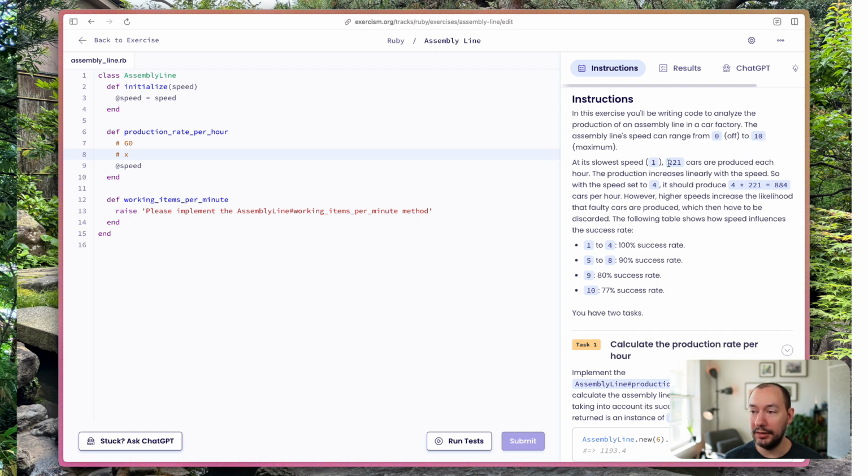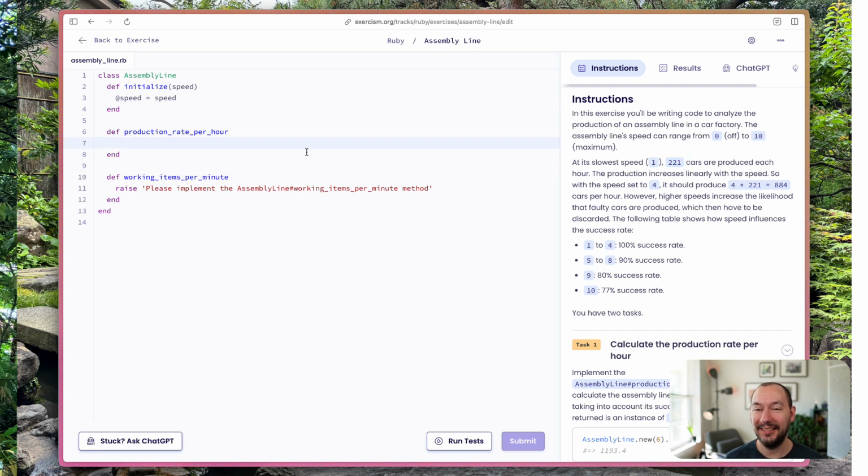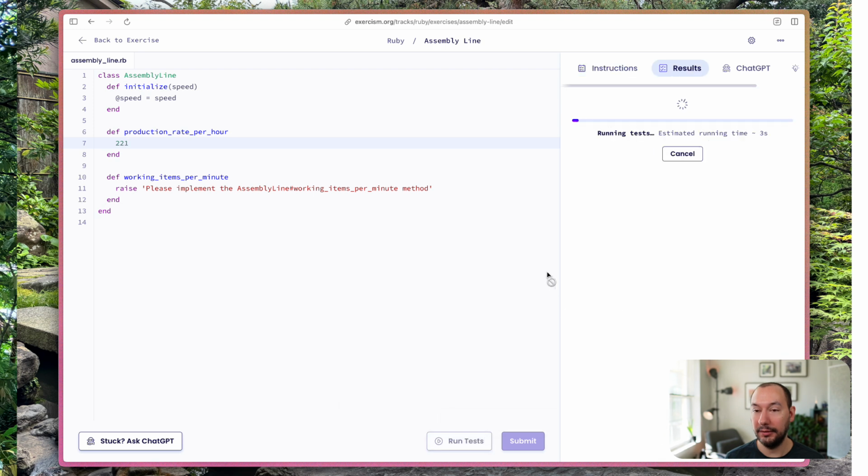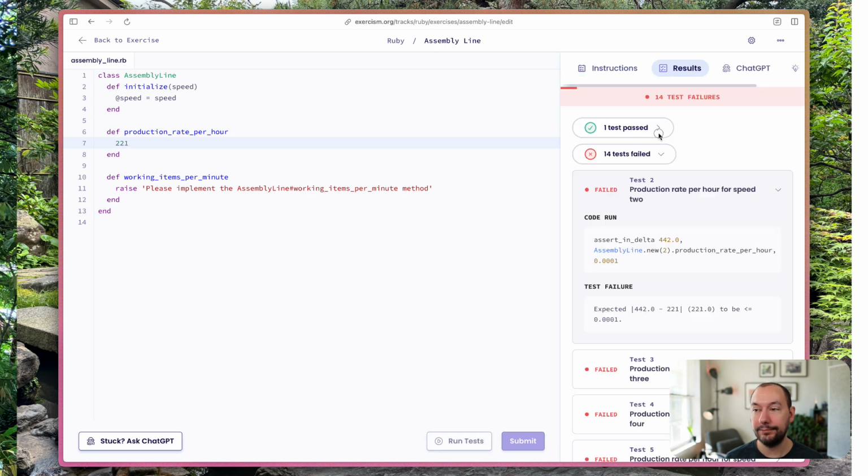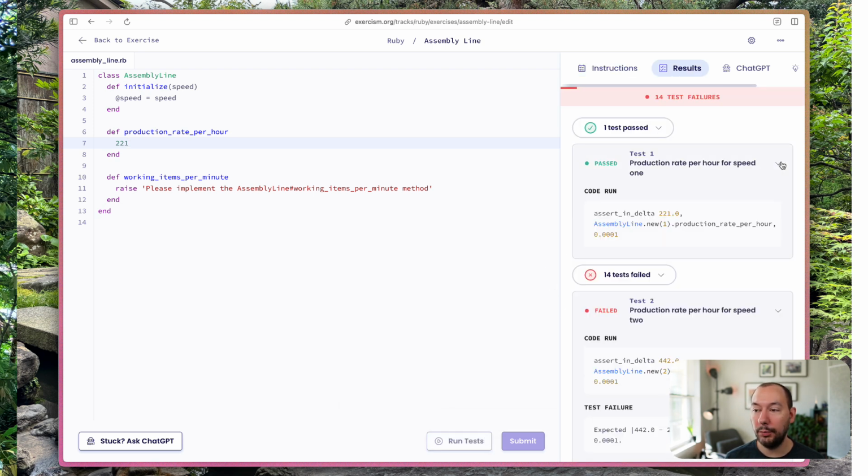So at its lowest speed, 221 cars are produced each hour. So, yeah. That leads me to think that we can probably cheat and pass the first test. Let's see what happens. Yep, okay. So we were able to cheat here.